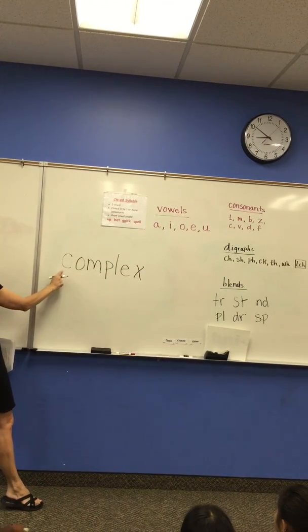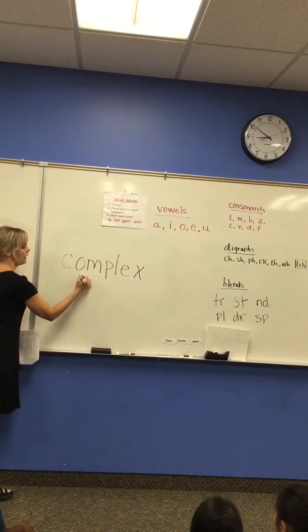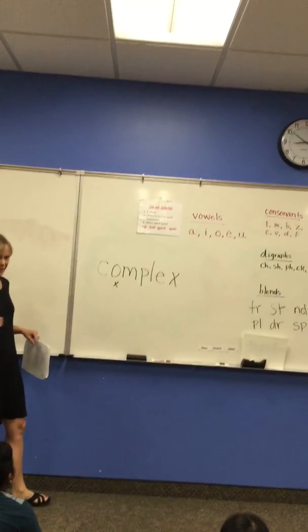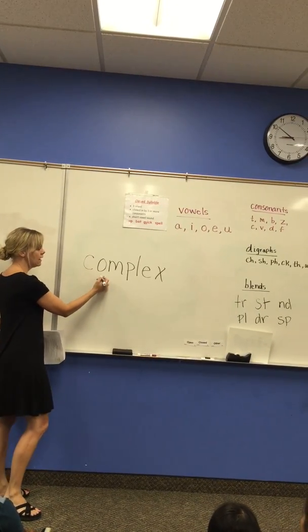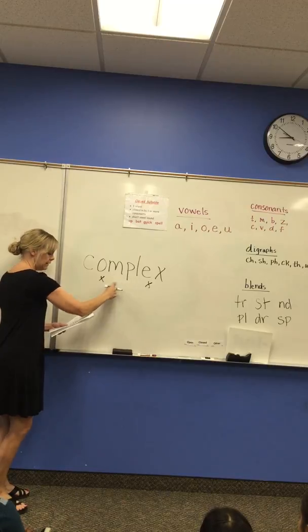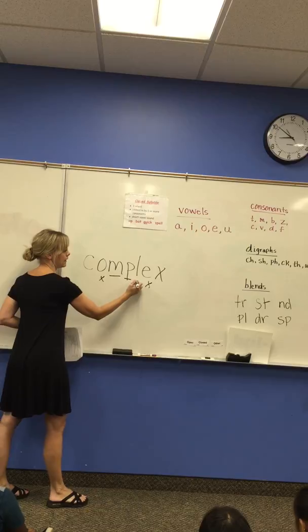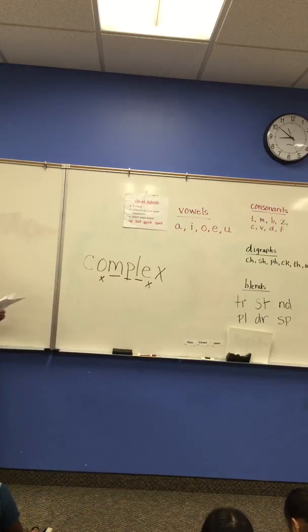Start on the left, this side, and name the vowels. Ready, everyone? O and E. Let me hear everyone's important voice. I hear some great voices. Ready? O, E. How many consonants are in between? 3. Name them. M, P, L. Nice job. Do you see a blend? Yes.